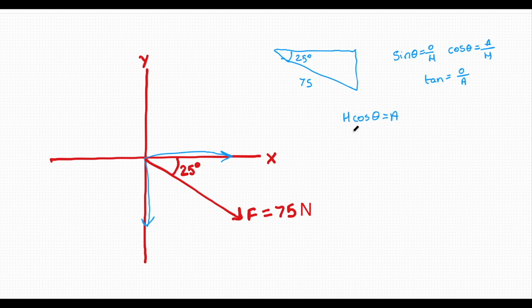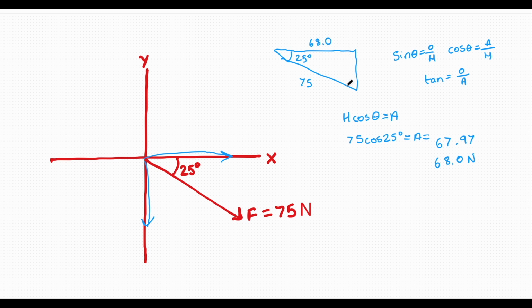So we know the hypotenuse, 75, cosine 25 degrees equals the adjacent side, which equals, let's do this in a calculator, 67.97, or in 3 sig figs, it'll be 68.0 newtons. All right, so that's what this x component is.